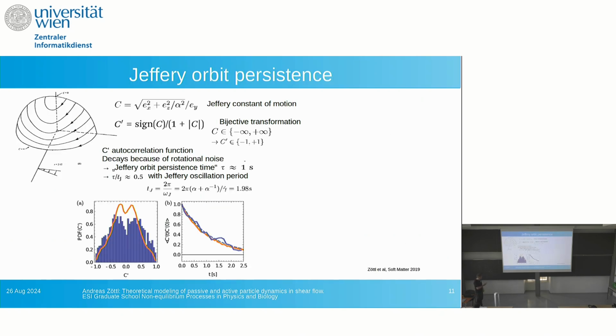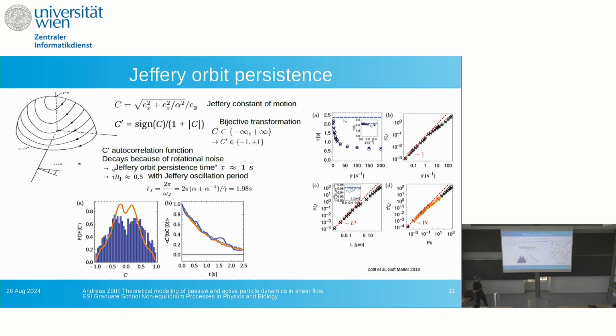The stochastic process, yeah. Okay, and one more thing, and this is also something we have not so far understood from the simulations, but maybe from a theory in the future. When you have this typical decay of your Jeffery orbit state, it's not the same time scale as the rotational diffusion, because the inverse of this tau r is related to the rotational diffusion time scale, but that's not the same.